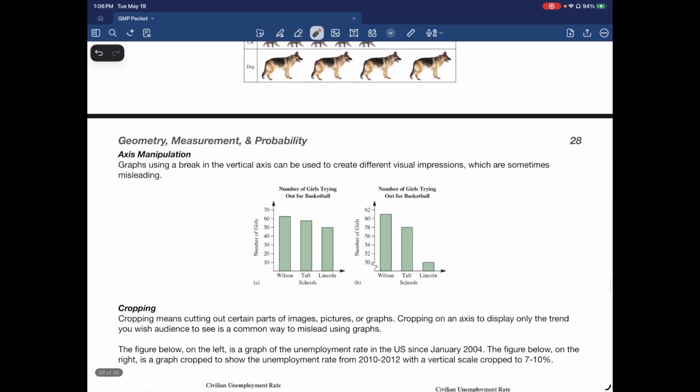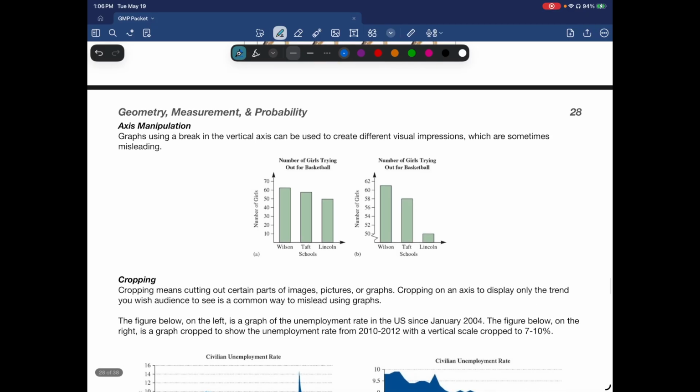Another way they could do that is axis manipulation. So on this particular set of bar graphs, this is the same data. The same set of data is used for both of these graphs. But you can see one shows it barely changing and one shows a drastic change.